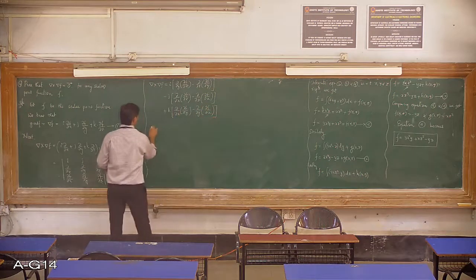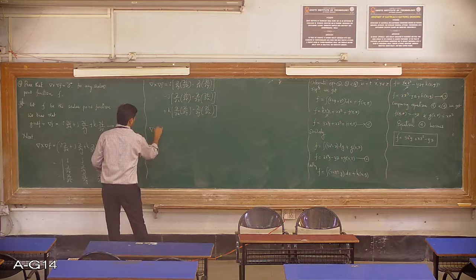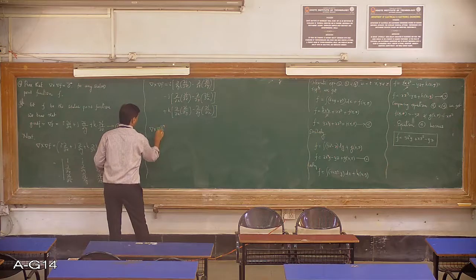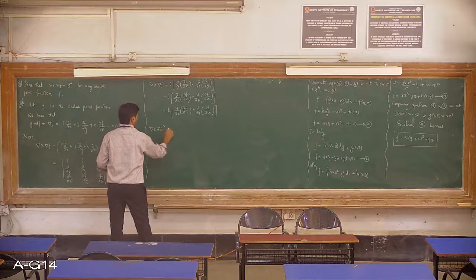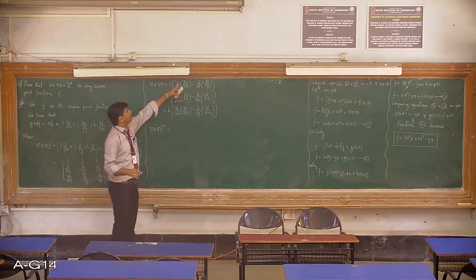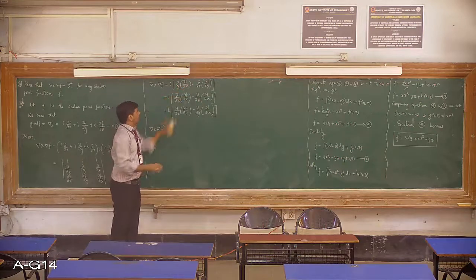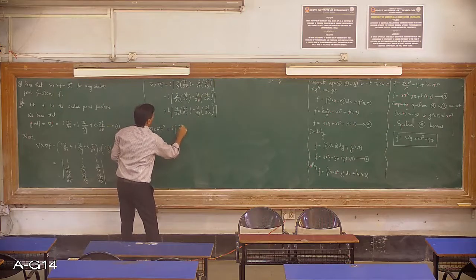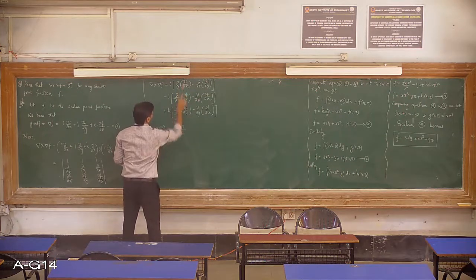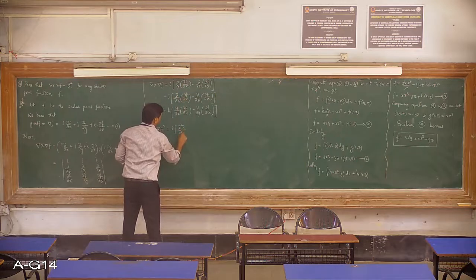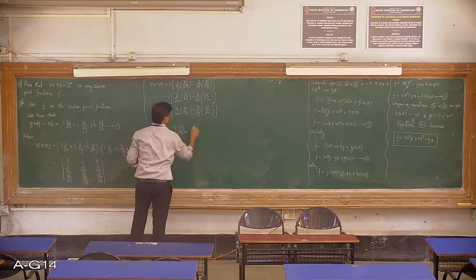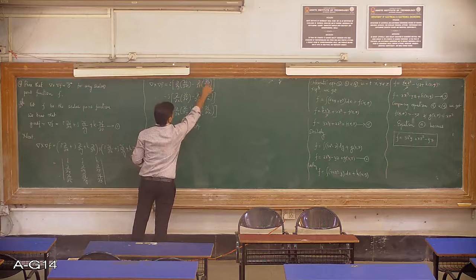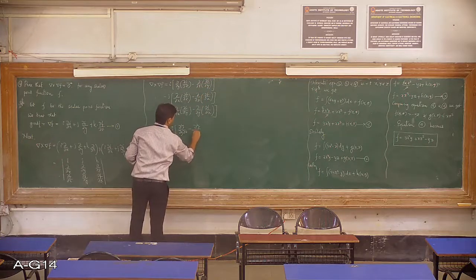So here you will get del cross del f is equal to i in the bracket dou square f by dou y dou z minus dou square f by dou z dou y, both are the same.